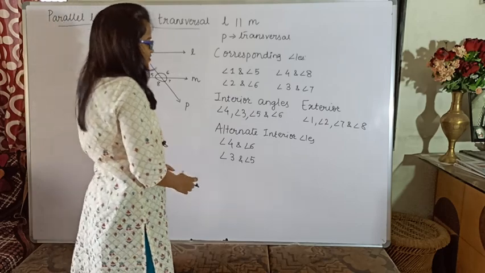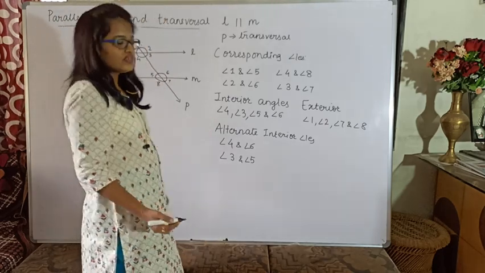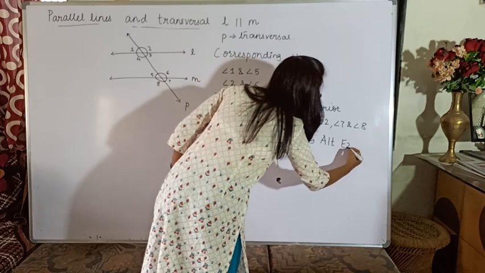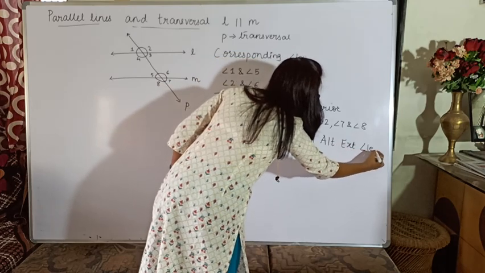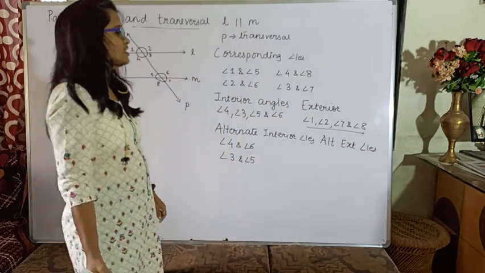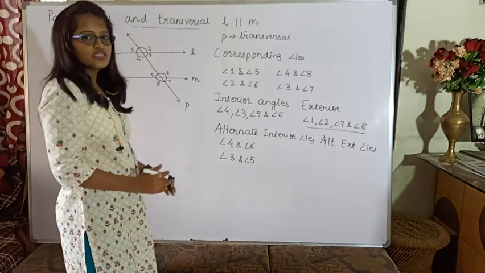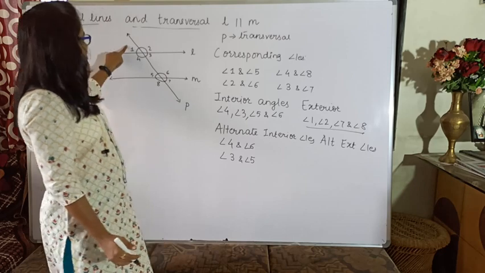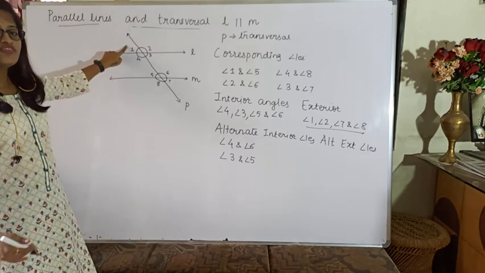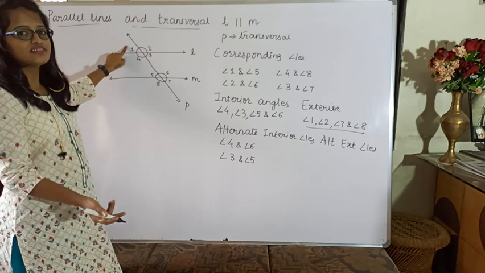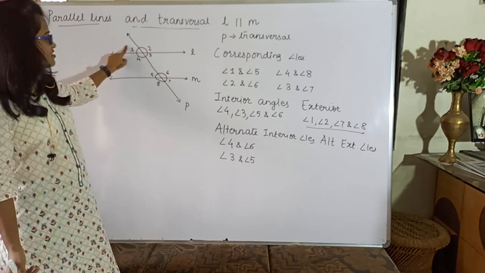Similarly, there will definitely be alternate exterior angles also. I already have the four angles which are present on the exterior side, so among them also you have to consider only the alternate ones. If I am taking angle 1 of the exterior angles, I have to consider the other angle present on the other side, but on the exterior, that is angle 7.